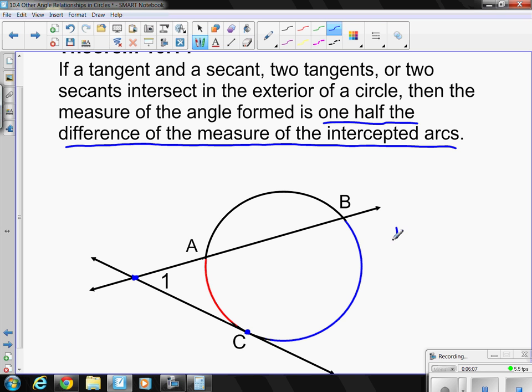So this time the measure of angle 1 equals 1/2 the measure of arc BC minus the measure of arc AC. So very similar to the last one, except this time we subtract the two arcs to figure out what that angle is.